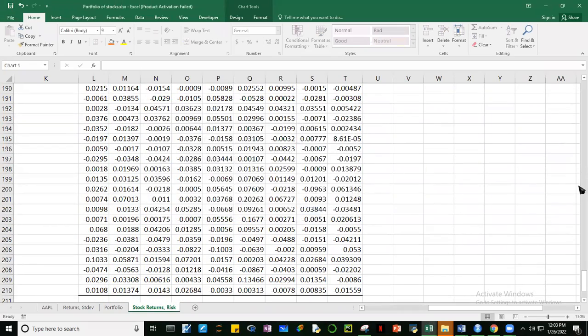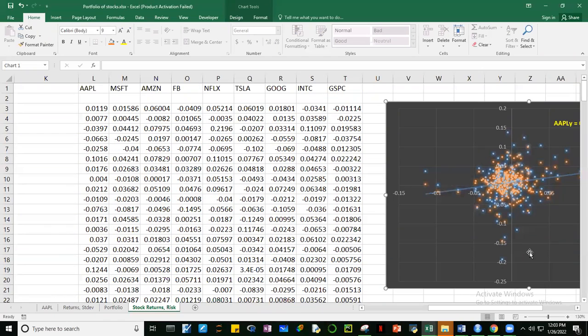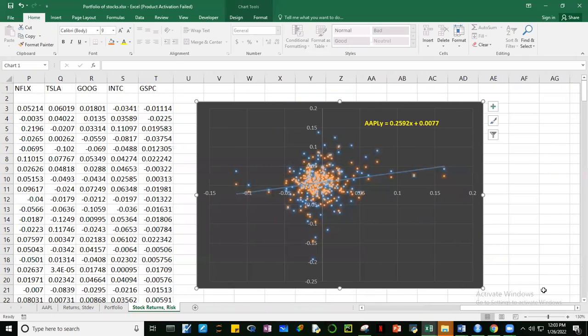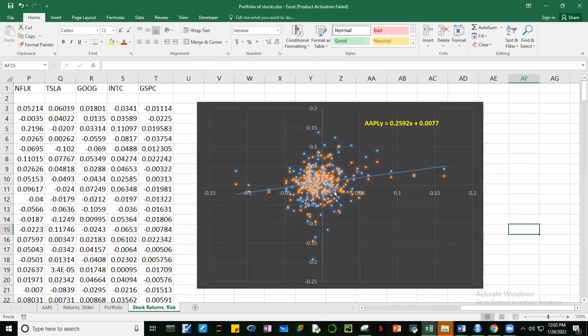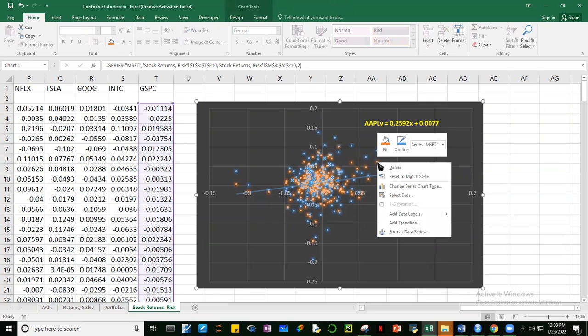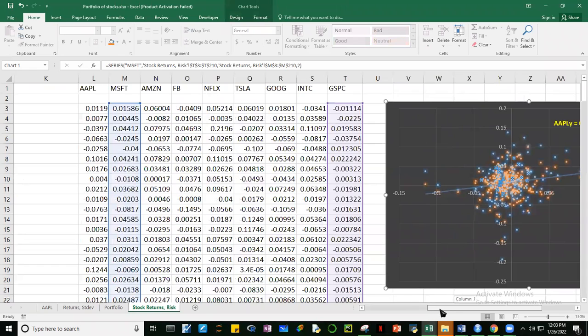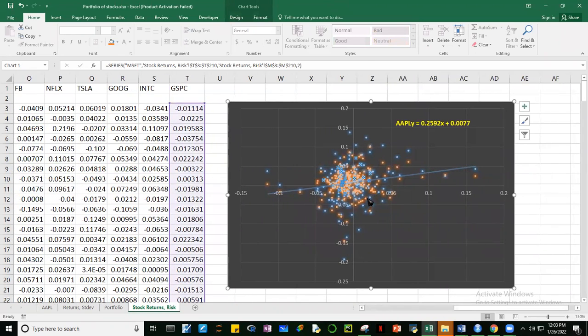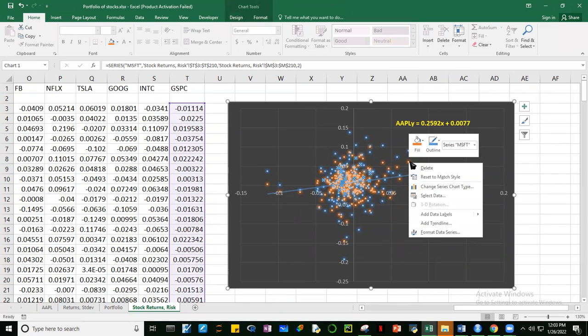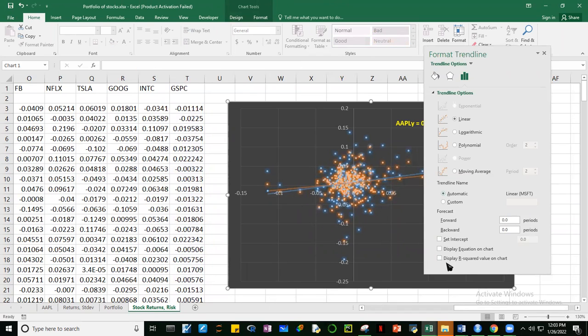There. Okay. So balikan natin yung plot natin. Yan. So here we can see guys, yung orange na to. This is Microsoft. So right click ko any orange here. Okay, and then check natin tama, Microsoft. And then click on any of the orange here. Add trend line. Okay, display equation on chart.